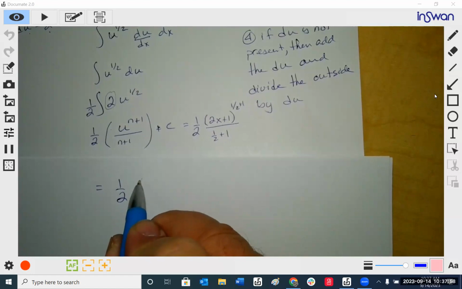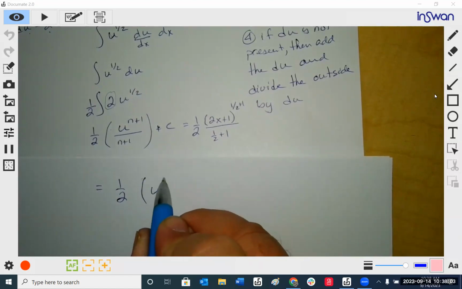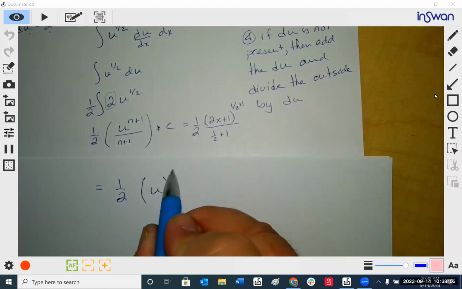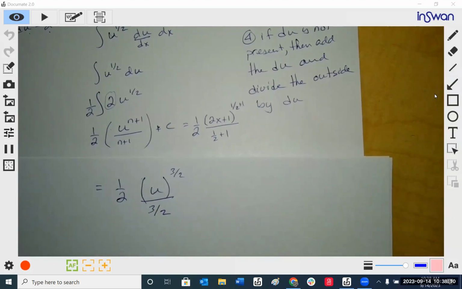One half u to the 1/2 plus 1, which is 3 over 2, over 3 over 2.